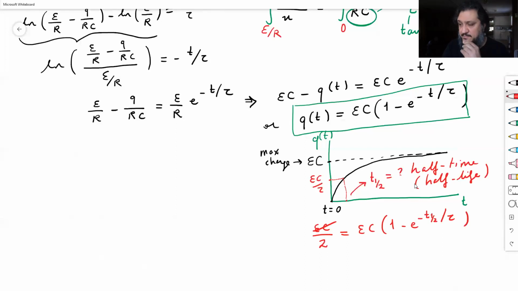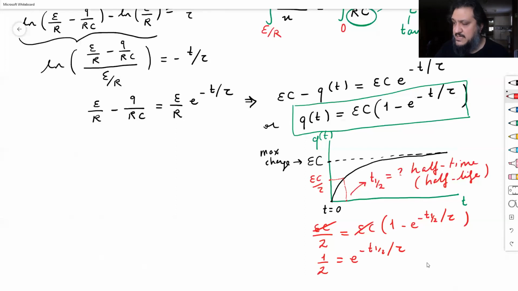Okay, so you get rid of the ECs and you have 1/2 here. 1 minus 1/2 is 1/2. Bring this term to the other side, equal to negative T1/2 divided by tau.